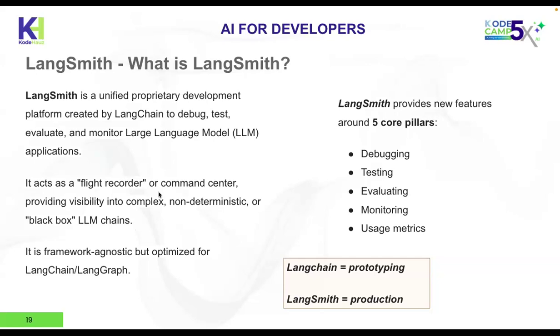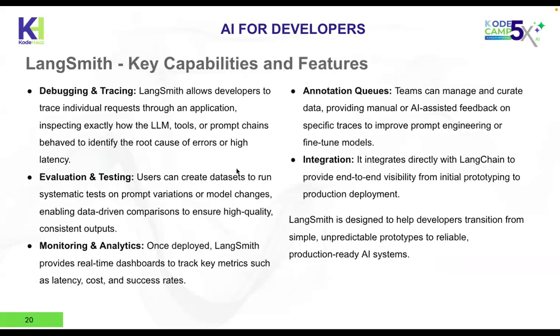So you don't need to be doing console.log or print or logger.info and all of that, right? Because that is interfering. That's you going back to play around with code that's already in production, which is not a good idea. Rather, this information is sent somewhere else and you can view all of that. It is framework agnostic, but it's optimized for LangChain and LangGraph. Okay. So use LangChain for prototyping, use LangSmith for production.